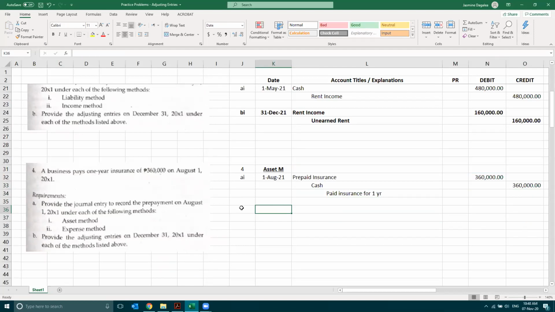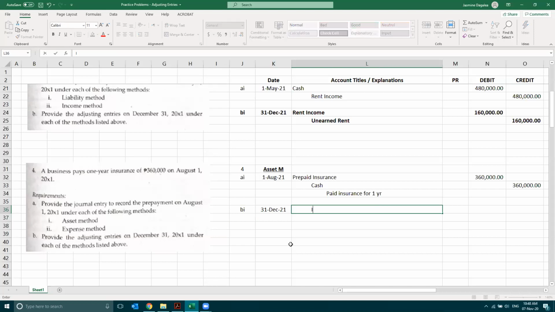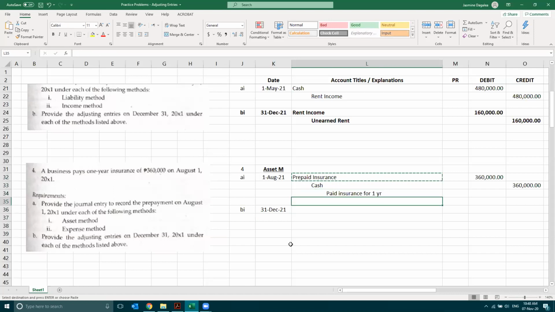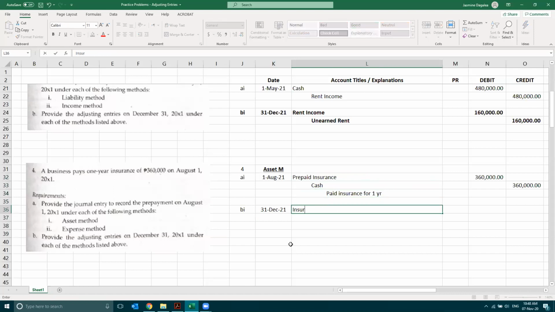And then your adjusting entry on December 31. Since you recorded it as an asset, it is not forever an asset. Due to the passage of time, it will expire and become an expense. So your entry on December 31 to adjust your books is debit insurance expense, credit prepaid insurance.